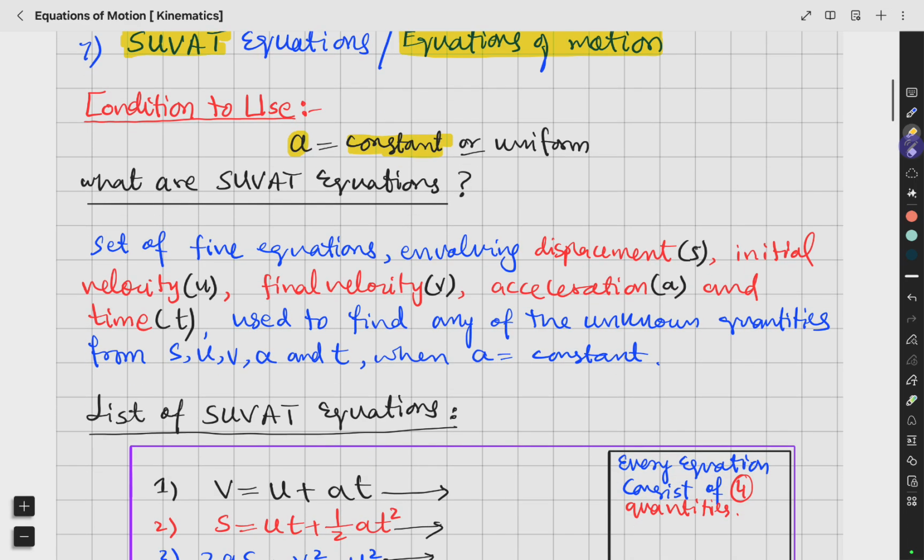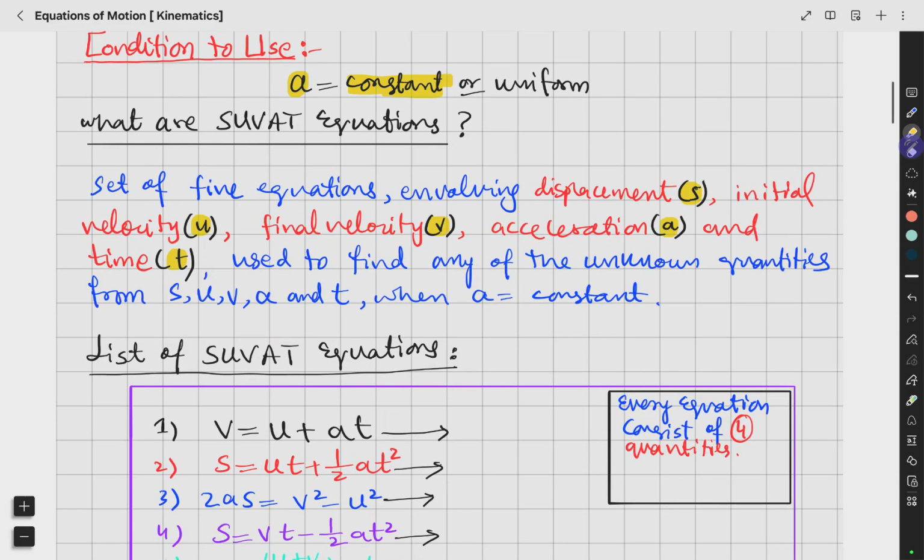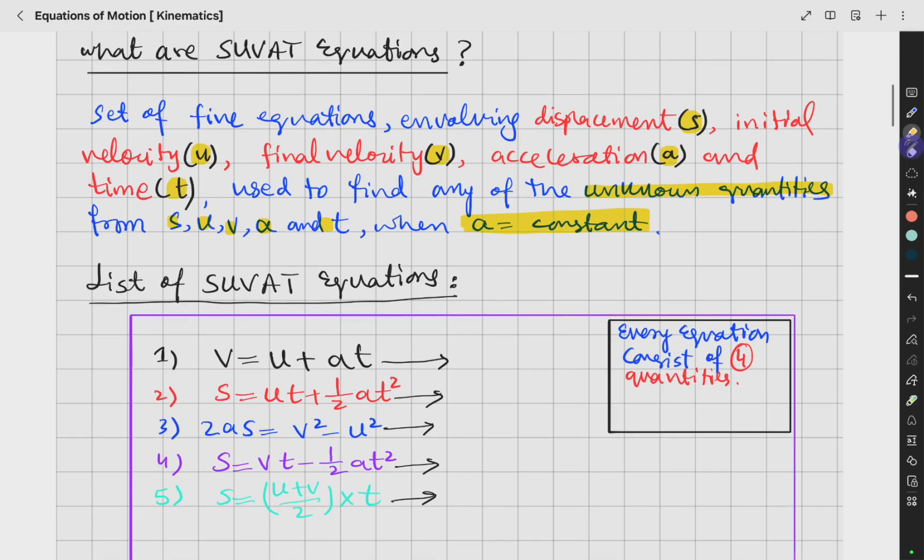As I told you earlier, the 5 equations relate displacement, initial velocity, final velocity, acceleration, and time, and we can use these equations to find any of these quantities from S, U, V, A, and T, only when acceleration is constant.